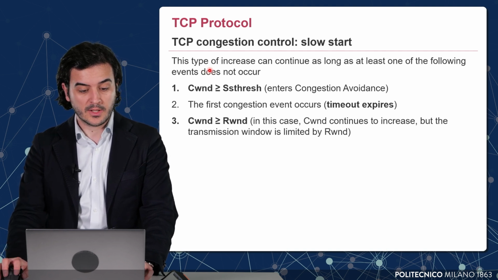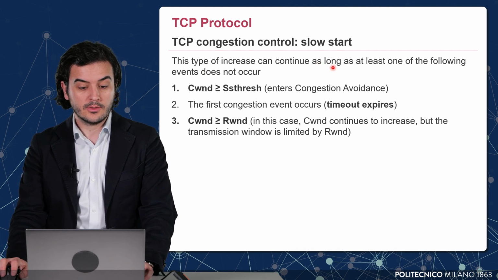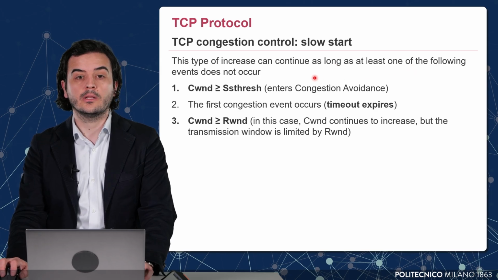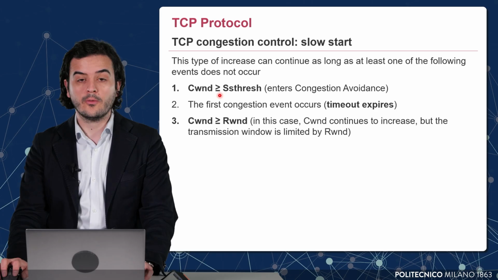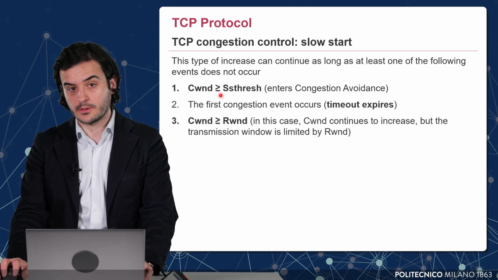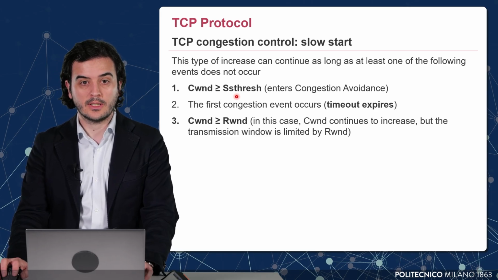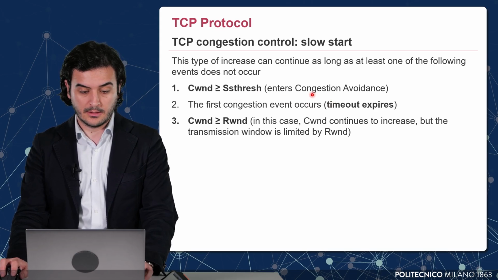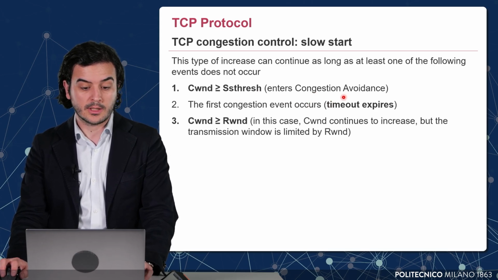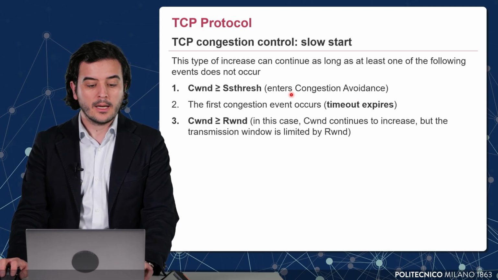In case the congestion window reaches a point where it's greater than or equal to the SS threshold that we've defined, then we say that the TCP transmitter enters congestion avoidance.